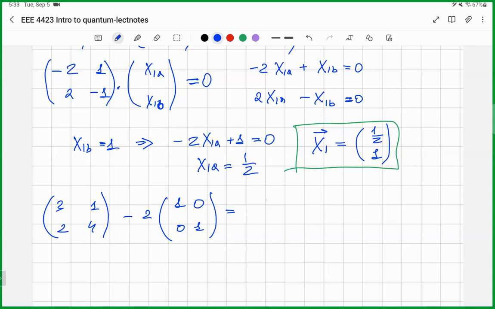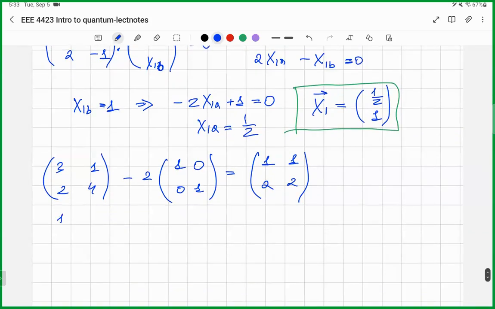Okay, this gives us the matrix 1, 1, 2, 2, multiplied by the components of the second vector, x2a, x2b, equal to 0.